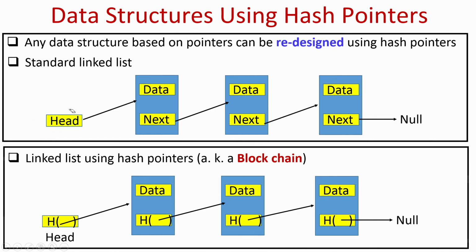And what we now do is take the same linked list, but replace all the pointers by hash pointers. So, we now have a sequence of blocks. Each block will have its own data contents, and along with that, instead of a regular pointer, we have a hash pointer which will point to the block after it, along with the hash of the data as well as the hash pointer stored there.